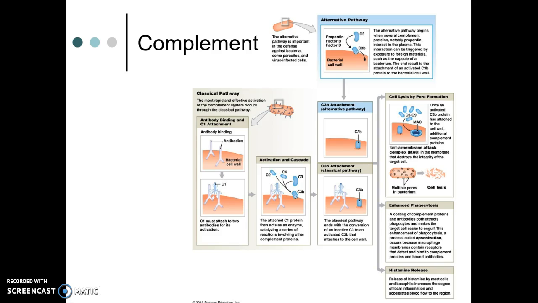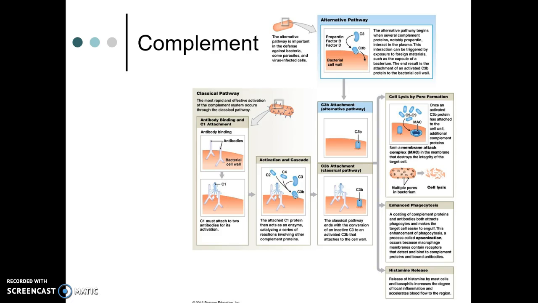Complement, though, is an innate one, so it doesn't care what antibodies are attached. It just recognizes that our body has antibodies attached to something. So it doesn't matter what it is, it'll do the same thing. When the antibodies have attached, that's the start, and complement factor 1 is going to hook onto that, and that's what starts the cascading event.